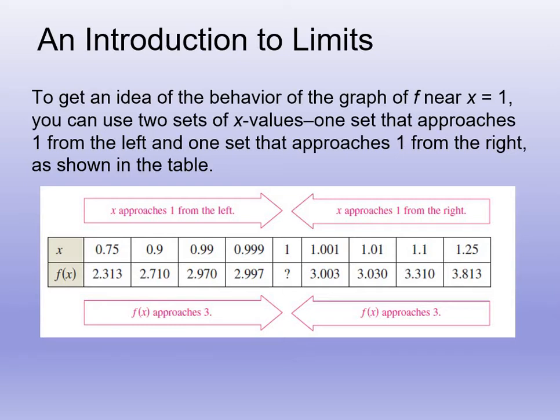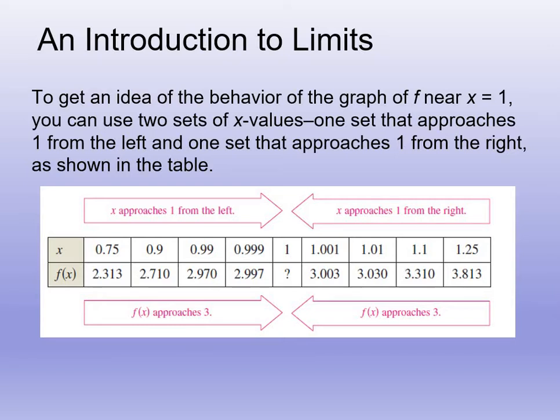So what we say is as x approaches 1 from the left-hand side, so that's our 0.9 or 0.99 and our 0.999, and as x approaches 1 from the right-hand side, that's 1.1, 1.01, 1.001, as we approach from the left-hand side and from the right-hand side, it appears that the limit is 3. So our output is 3. The value of f of x will be 3 at 1. Okay? The value doesn't exist, but the limit does. And we're going to get into that in a little bit.